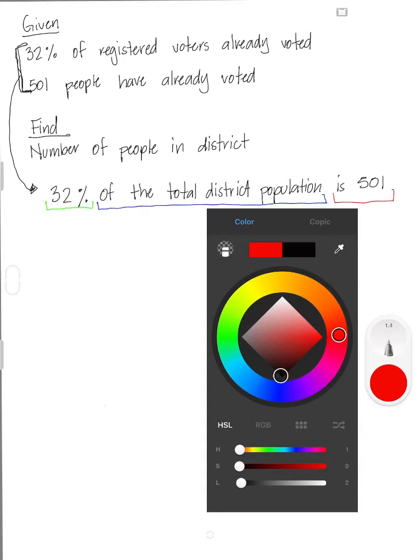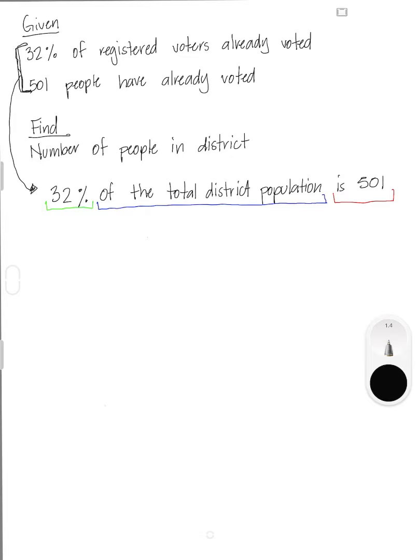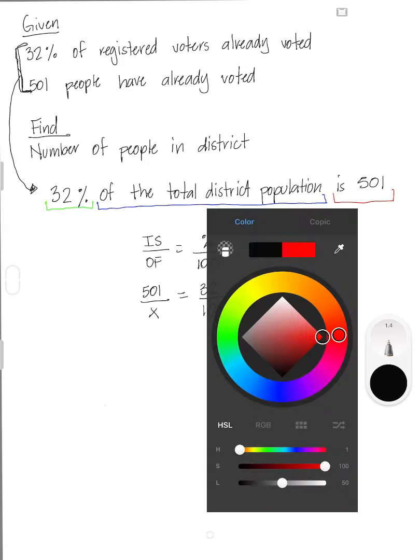So I'm going to go ahead and write my proportion first. So remember is over of equals the percent over 100. So we have 501 over, let's say x, for the total district population equals 32, which is a percent, over 100.